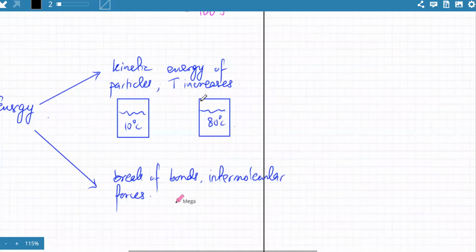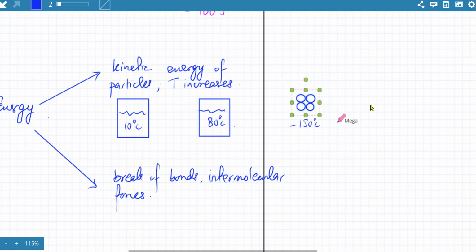Let's think of ice. There's solid ice. Solid ice says that the particles are arranged in a very orderly manner. These are four particles of ice, and let's say it's at minus 150 degrees centigrade. You give it energy, and the temperature increases to minus 10 degrees centigrade.